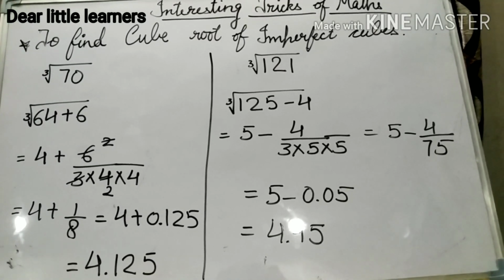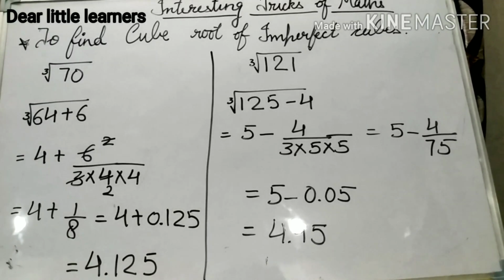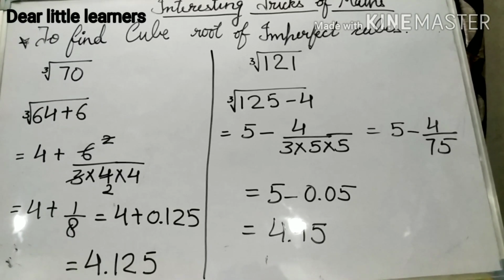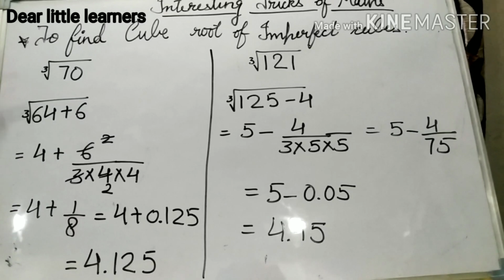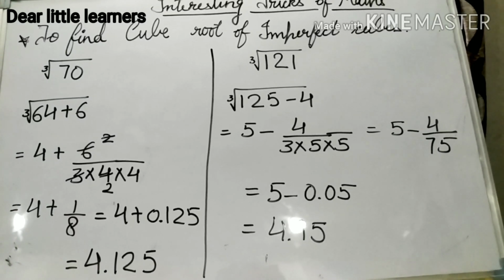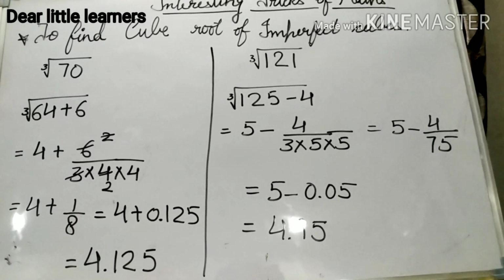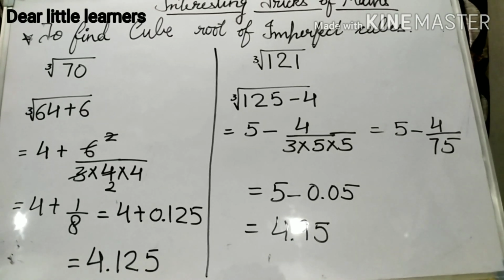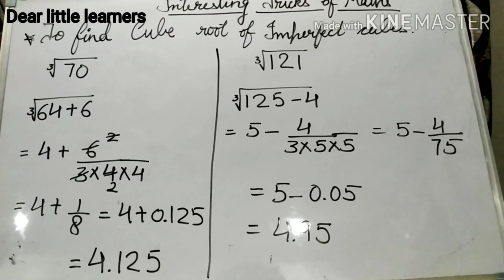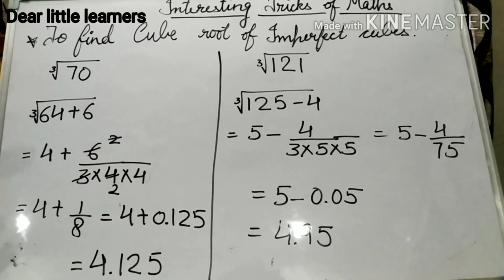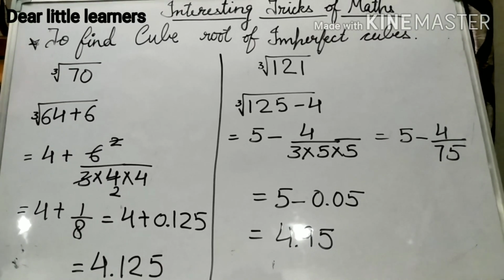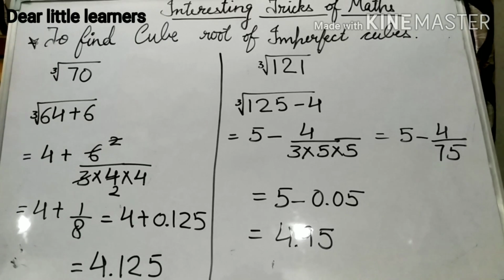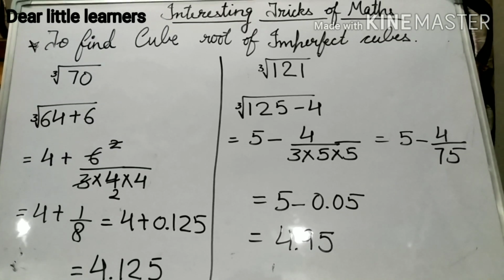Now children, this is the last trick, how to find out the cube root of imperfect cubes. So I have taken this number 70, and you know 70 is not a perfect cube, it's an imperfect cube. So for finding the cube root of an imperfect cube, we have to take a perfect cube nearest to 70.